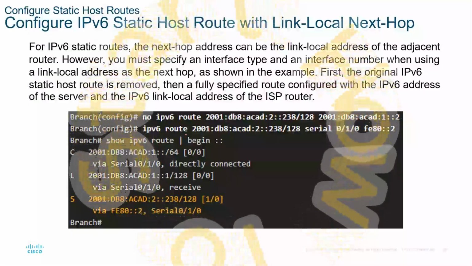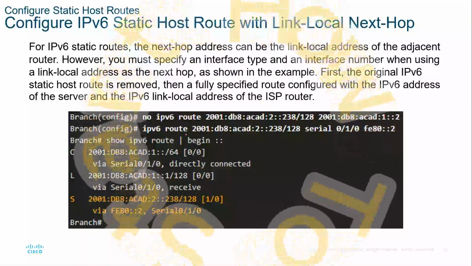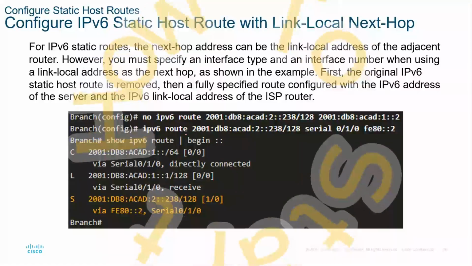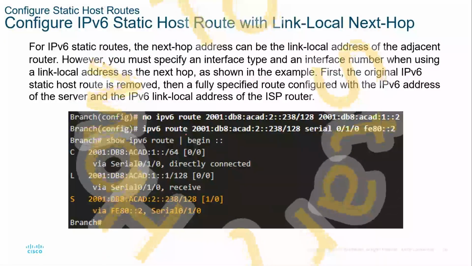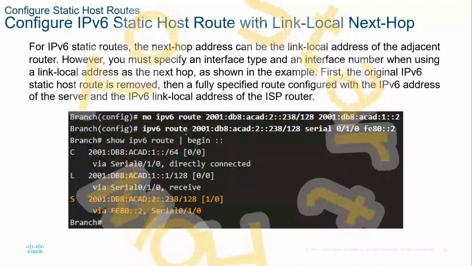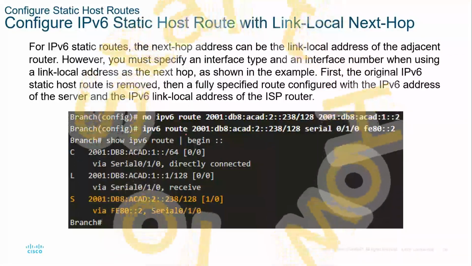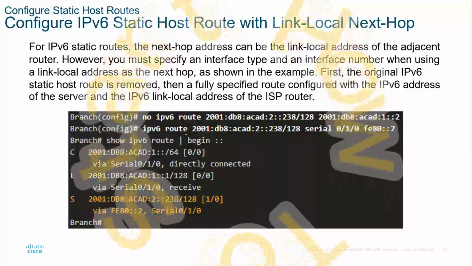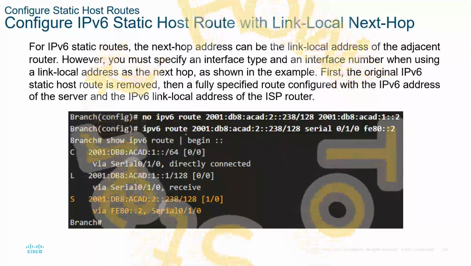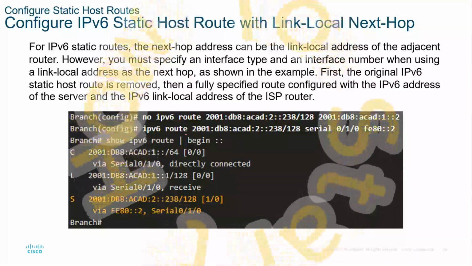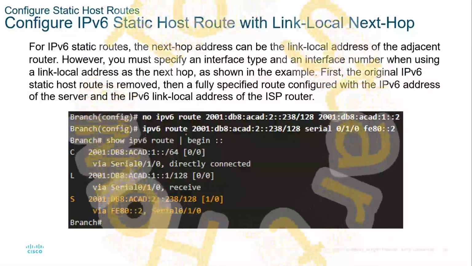For configuring IPv6 static host routes, same thing. We would give it our address and we would configure it out to the appropriate interface. If we want to do a link local address instead of a global unicast address, you would delete the IPv6 static route using the global unicast address.